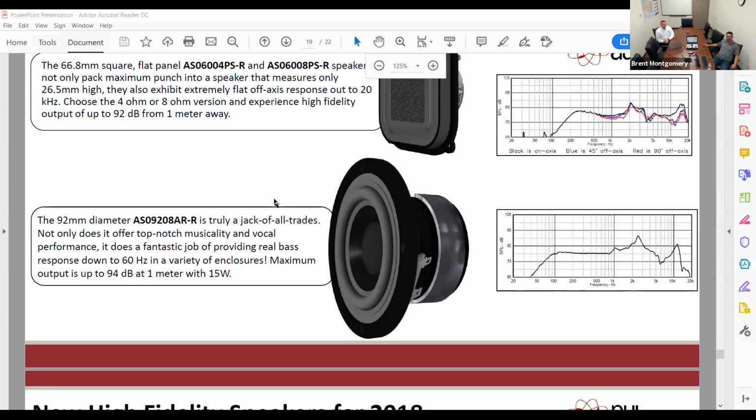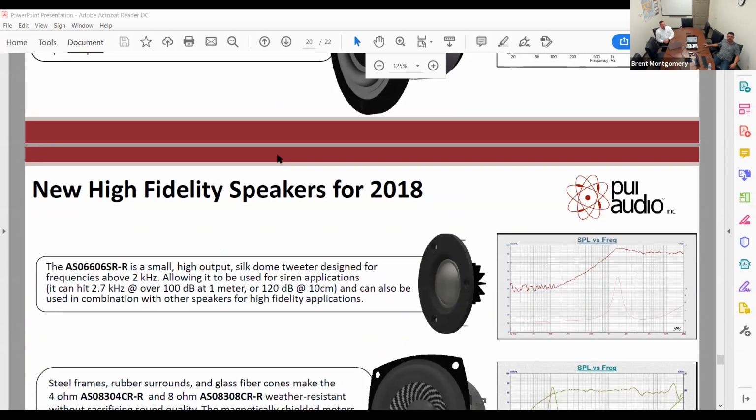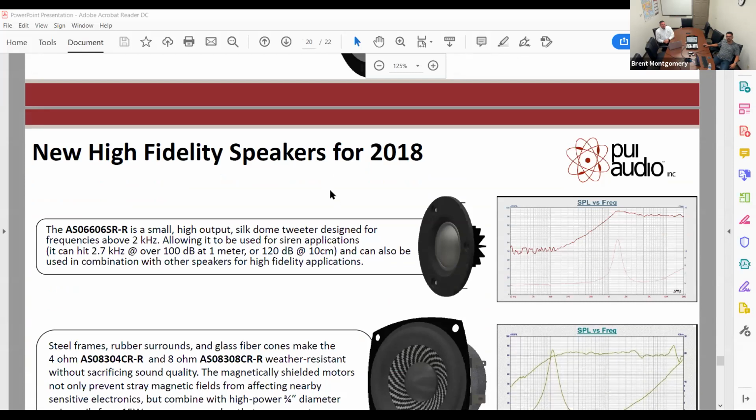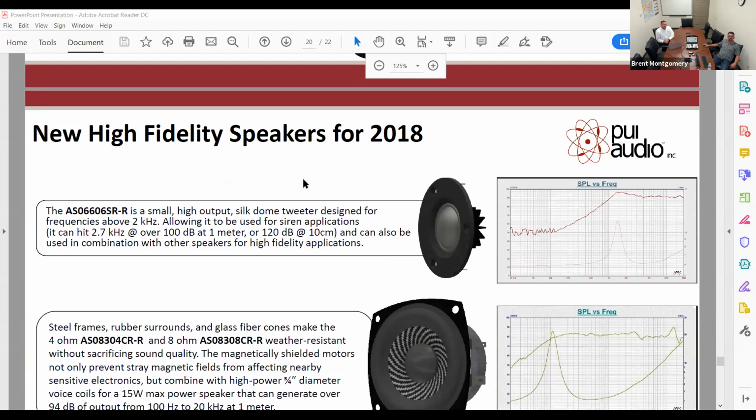Out of this group, we also have a 92 millimeter speaker that can even work as a subwoofer. I loaded this into a 1 liter cabinet tuned to about 50 hertz, and we've listened to it, and it does really good bass response, especially on newer songs where they're adding a lot of compression in the low frequency range. These were the new high fidelity speakers that we released in 2018. They include a tweeter, which is specifically for high frequencies over 2000 hertz.